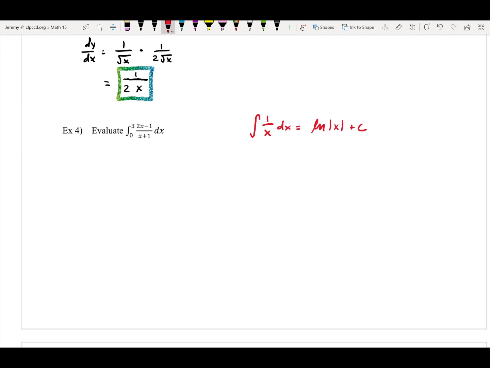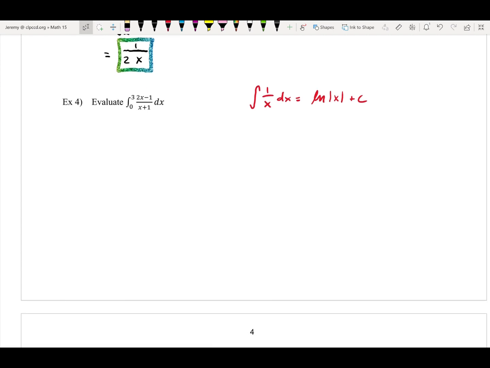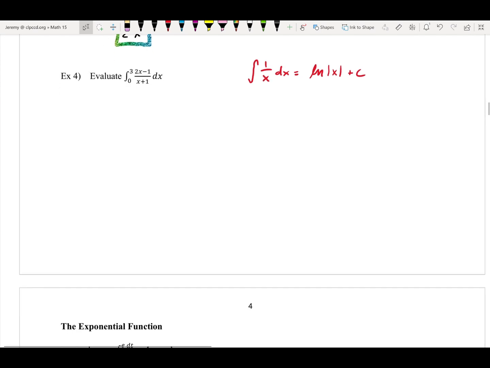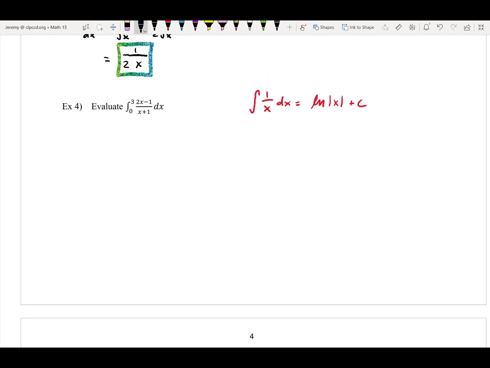All right. So this one here has a bit more going on, and we also have some limits of integration to deal with. So let's see what we can do. One thing that I'm noticing about this one is, I have a denominator x plus 1.